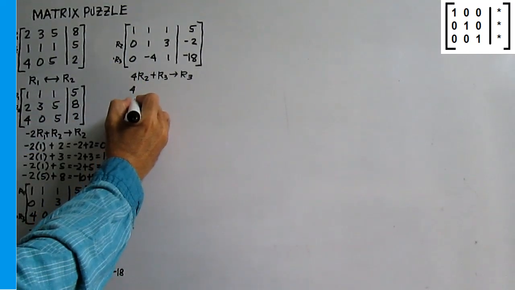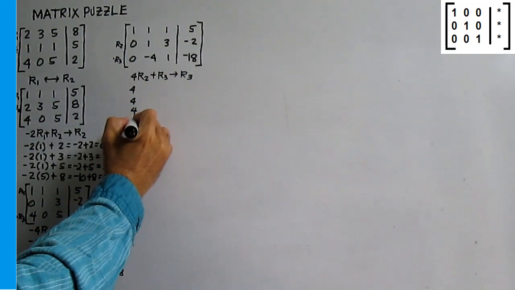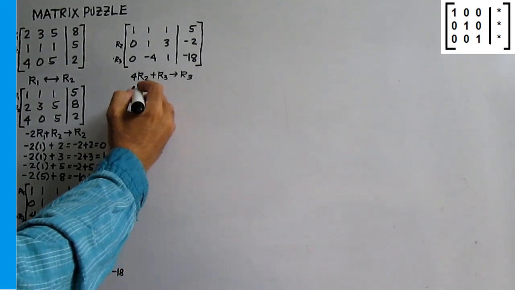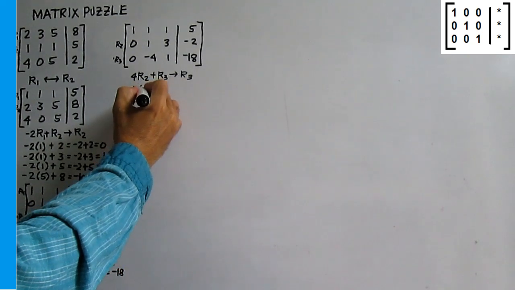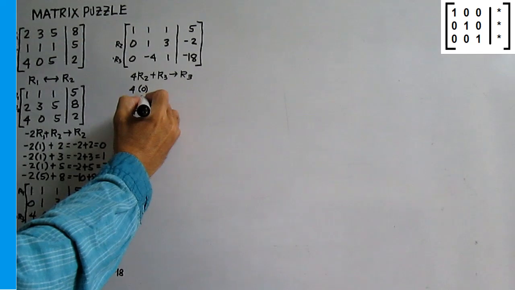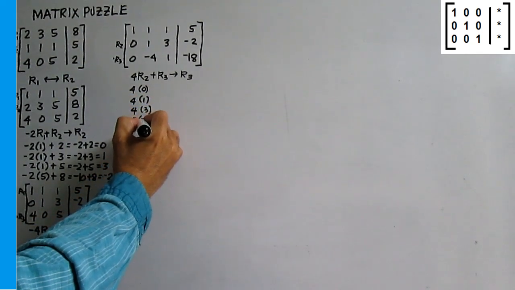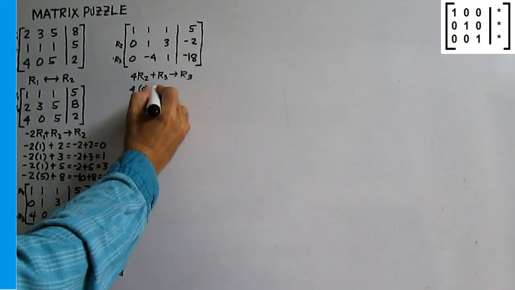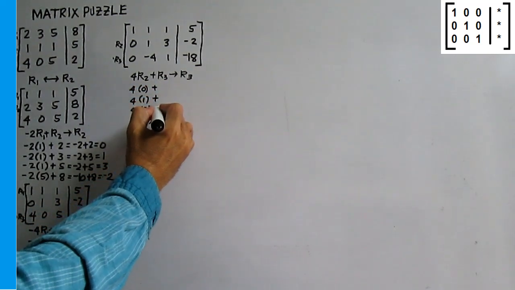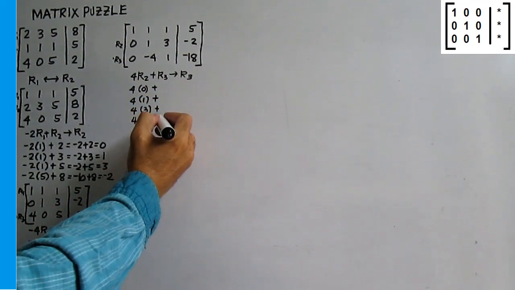4 times the numbers in row 2 plus row 3.